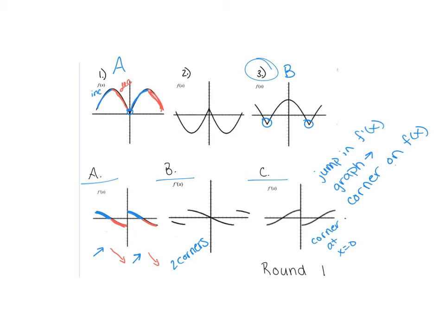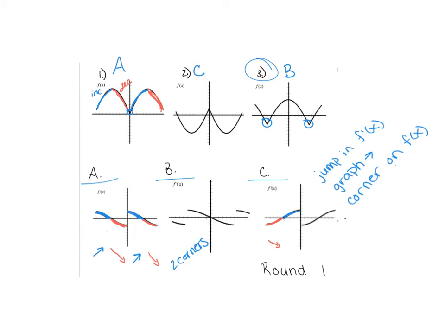Let's make sure that C is going to go with function number 2. If I do the same sort of process, I look at my derivative. My derivative starts out negative, which means the original function must have been decreasing.